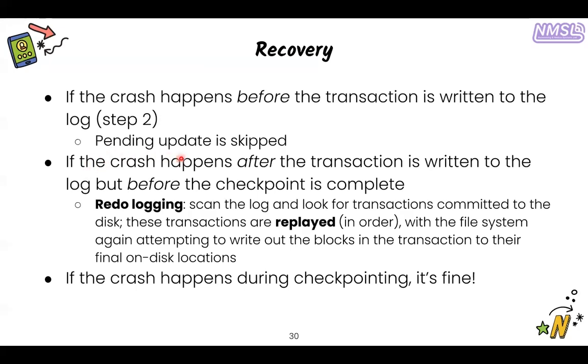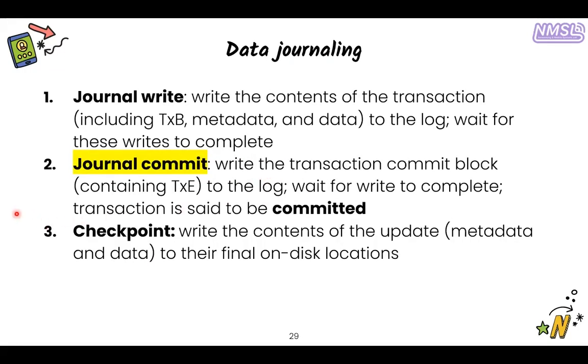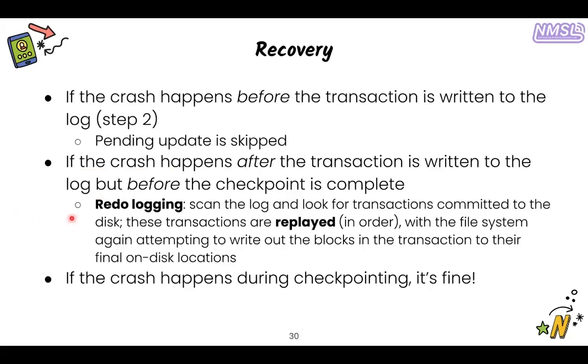Now, if the crash happens after the transaction is written to the log but before the checkpoint, so in between steps 2 and 3, the crash happened here, we do redo logging. So scan the log, look at the transactions committed to the disk.